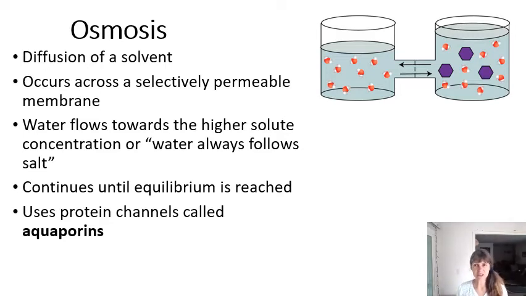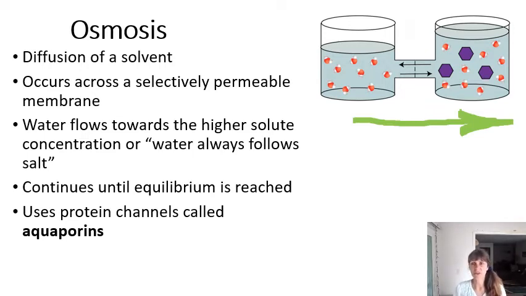As soon as solute is added on the right side, as denoted by the 3 purple hexagons, water is going to move toward the solute because the solute on the right has taken up the space, and water will diffuse down its concentration gradient, from an area of higher concentration of water to an area of lower concentration of water, towards solute.